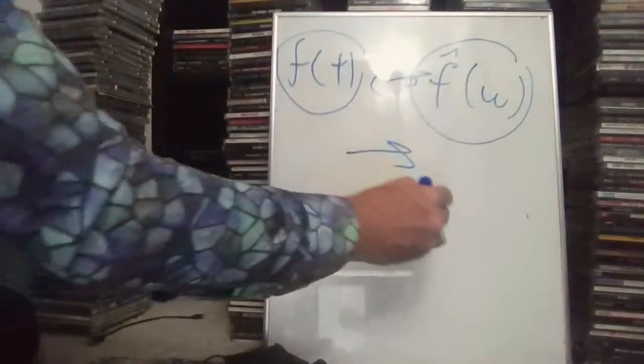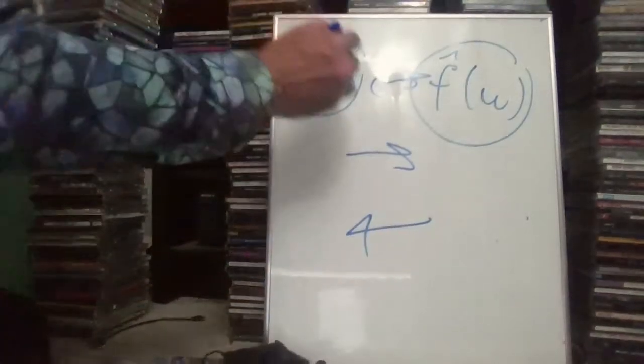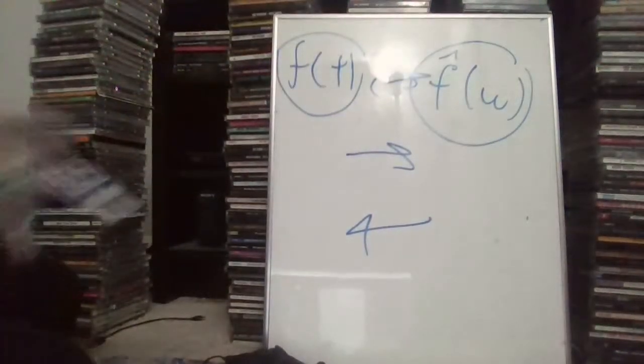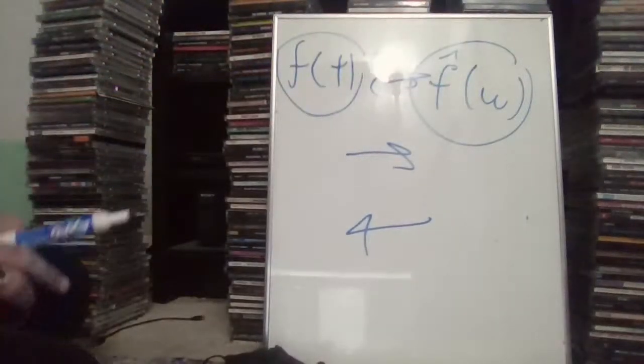You can go from time domain to frequency domain, which is called the Fourier transform. The frequency domain to time domain is called an inverse Fourier transform.